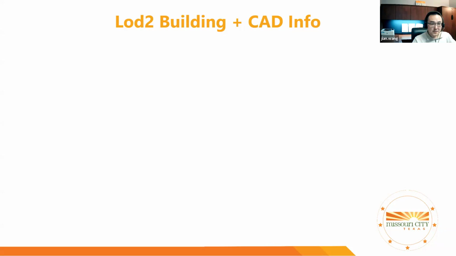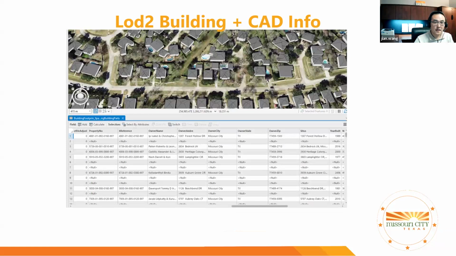So I performed a spatial join to incorporate the CAD information, Central Appraisal District information, into the 3D building, so that each building has essential details, because we focus on the address and also owner information. This is very crucial.